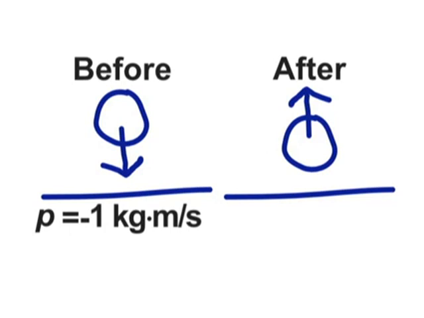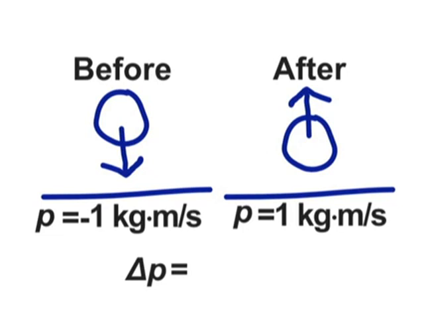And what's the upward momentum if it rebounds at the same speed? 1 kilogram meter per second. What's the change in momentum between here and here? 2 kilograms meters per second. So twice as much momentum change if you have something which lands with a rebound as you do if you have something which lands with a thud.